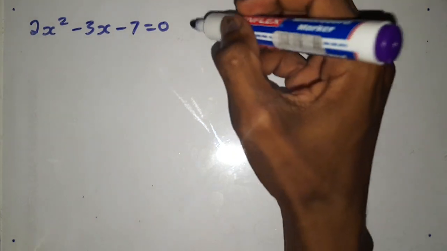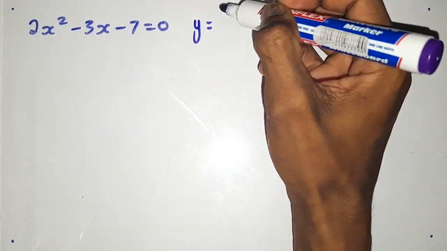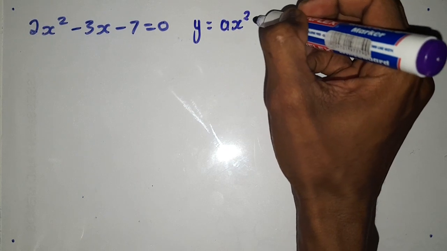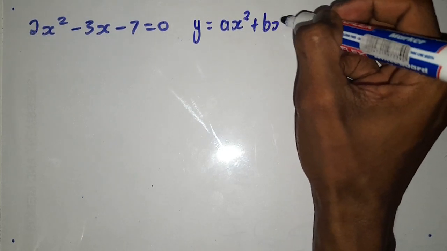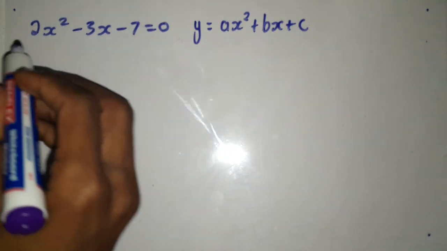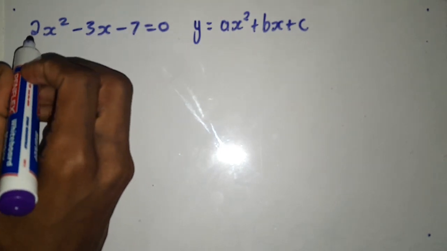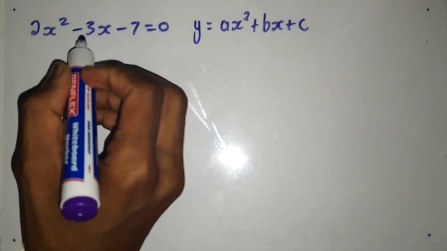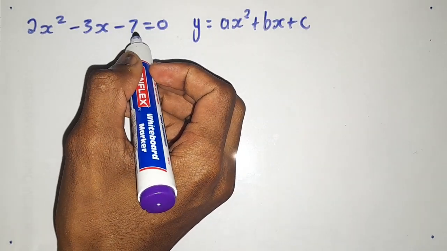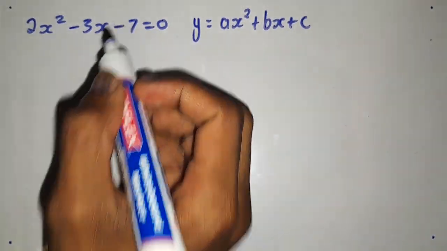You see, we know that the general form of a quadratic is ax squared plus bx plus c. From this given, we can clearly see that our a is going to be 2, our b is going to be minus 3, then our c is going to be minus 7.